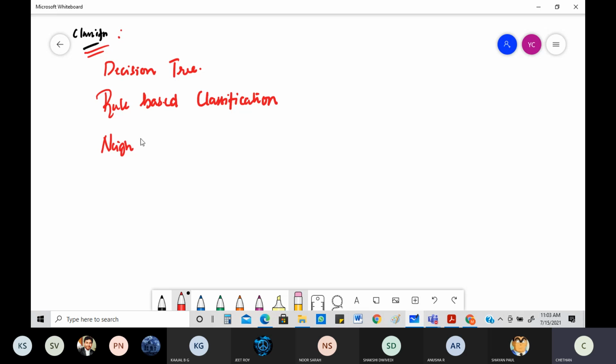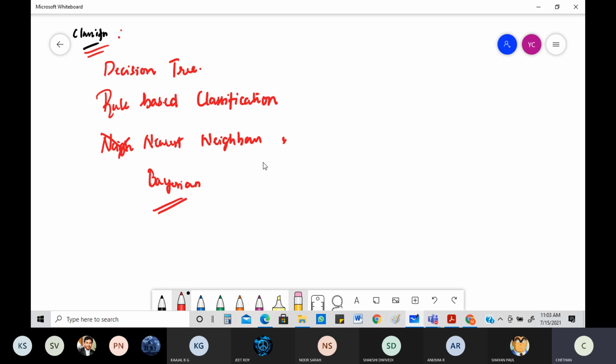In general, the k nearest neighbor classification is the next one, and the last one is the Bayesian one. Here also it's a very huge topic with regard to the Bayesian classifier. We are only going to study the formulas of it.